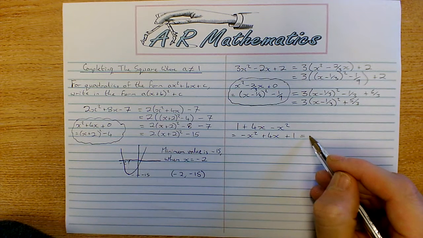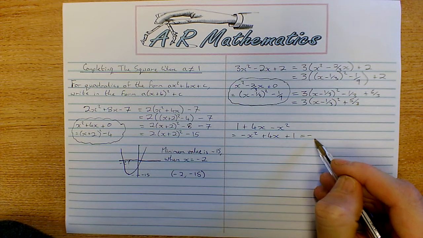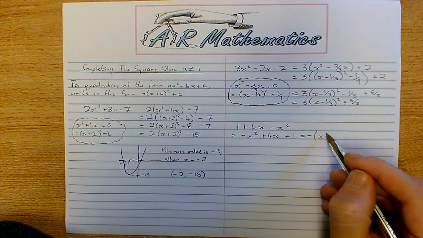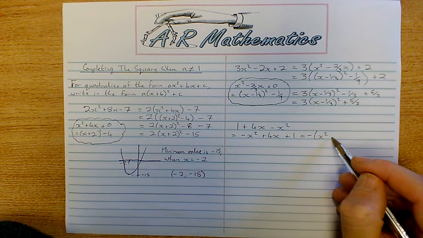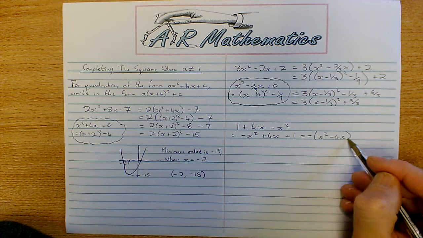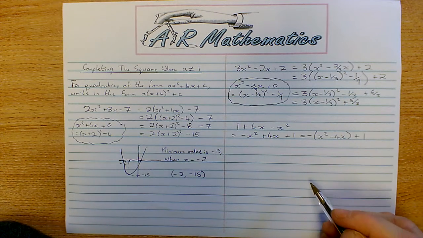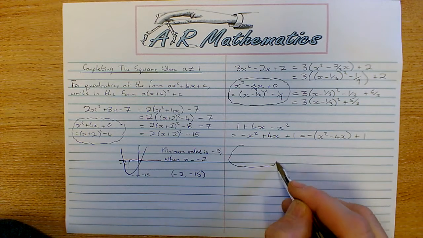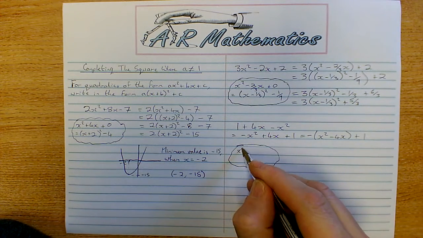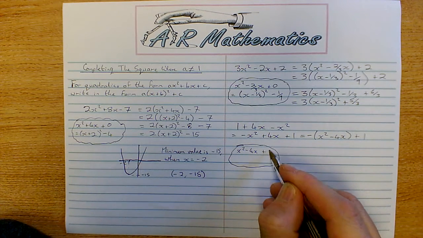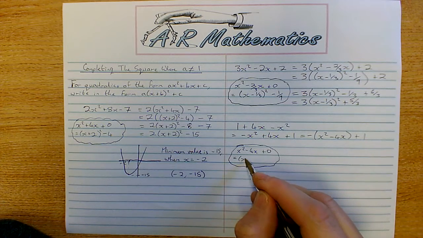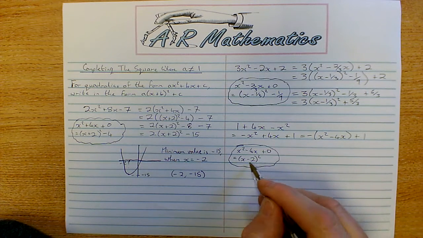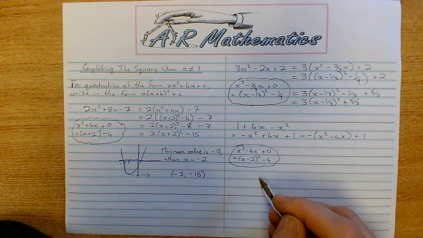Now I could write minus 1, but minus 1 is the same as just taking a negative out as a factor to leave us with x squared minus 4x, and then I'll keep my plus 1 separate. Okay, so I'm going to complete the square on x squared minus 4x, so again I'm going to do it at the side, so that's x squared minus 4x plus 0, which becomes x minus 2 all squared, and then I'm going to subtract the square of this, so minus 4.